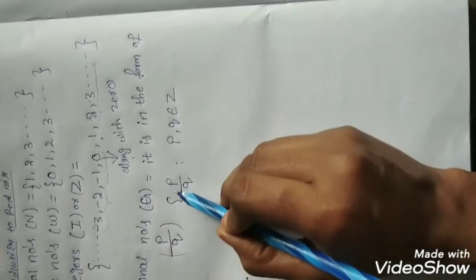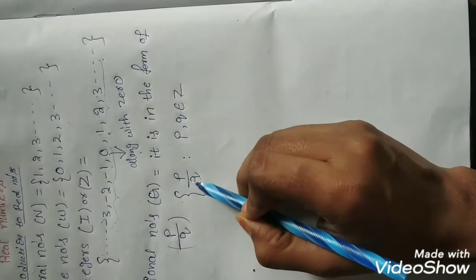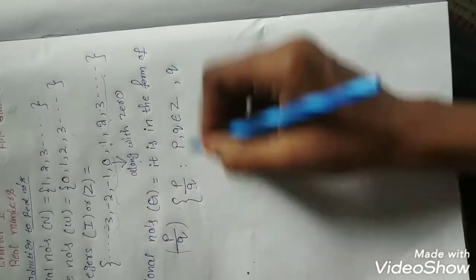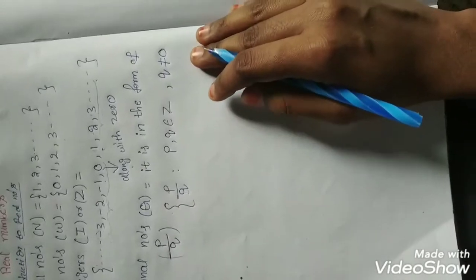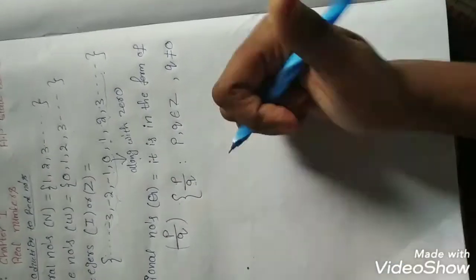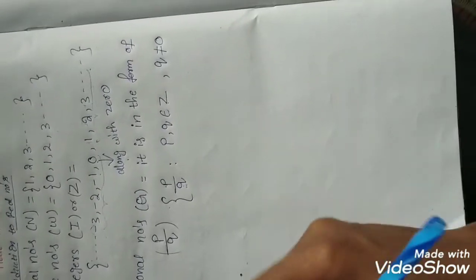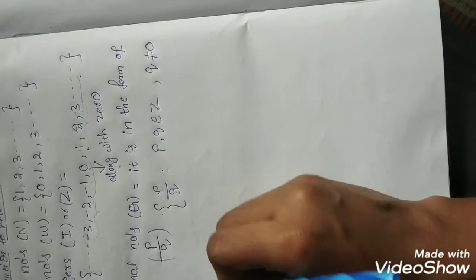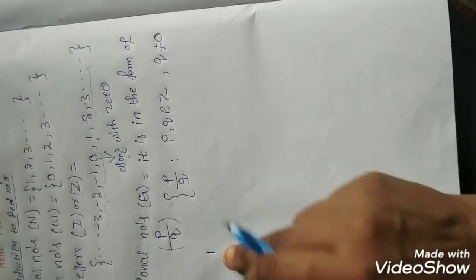That means the numerator P and the denominator Q both must be integers. But Q, the number in the denominator, must not be equal to 0. What will happen if the denominator is 0? Let's see. For example, let's take the P value as 1. 1 is an integer, right?